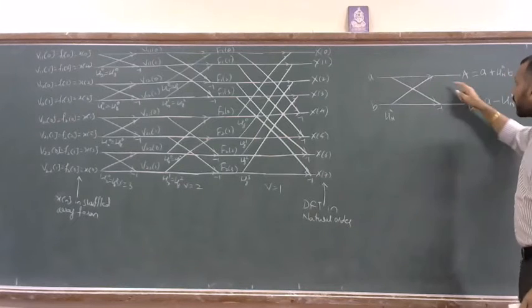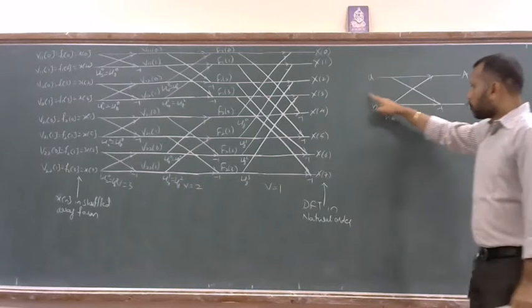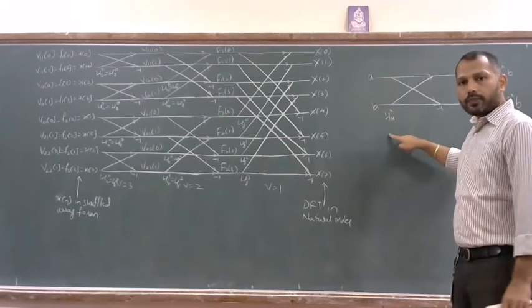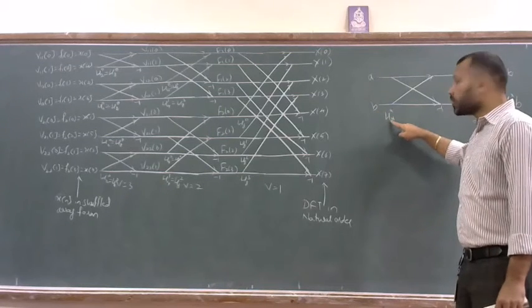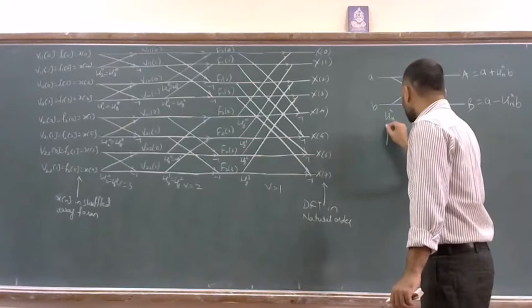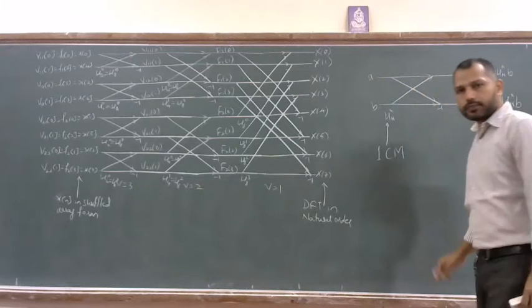At this point, what mathematical operation is involved? Here, B is being multiplied with this twiddle factor W_N^r. So here, one complex multiplication is involved.